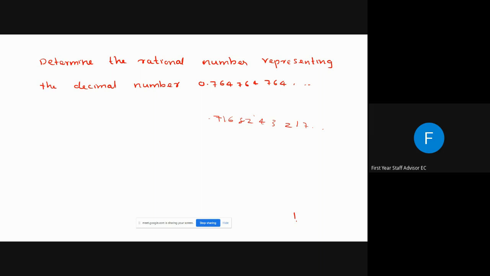Okay, we want to determine the rational number corresponding to the decimal number 0.764 764 764, etc. This type of question you have already done in your +2 in GP.